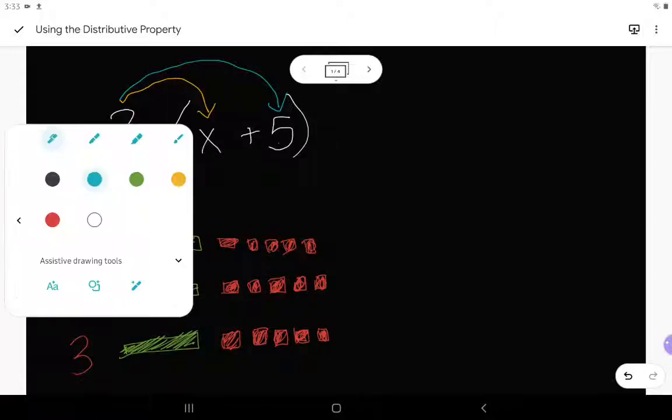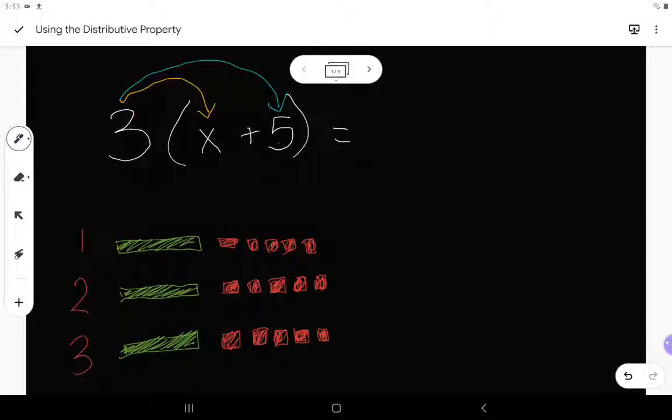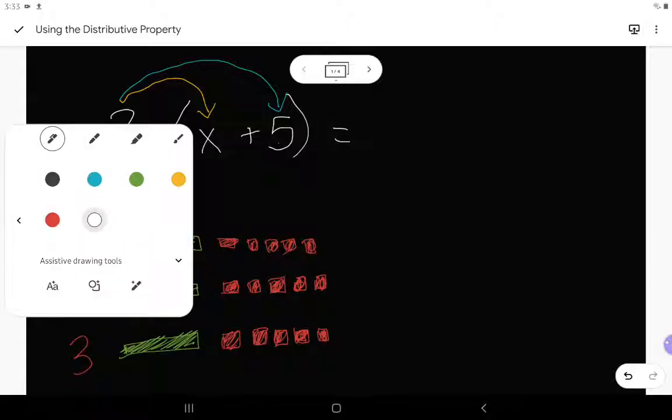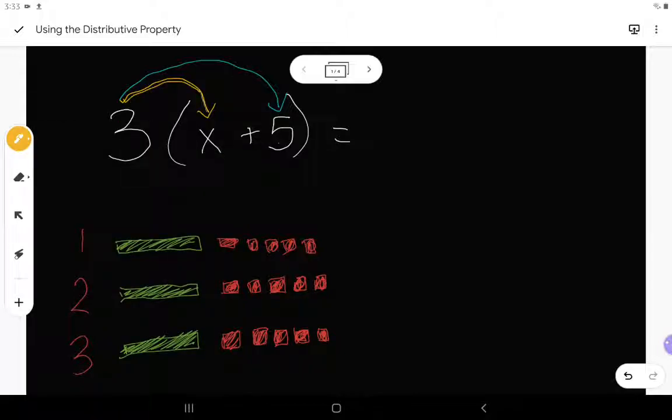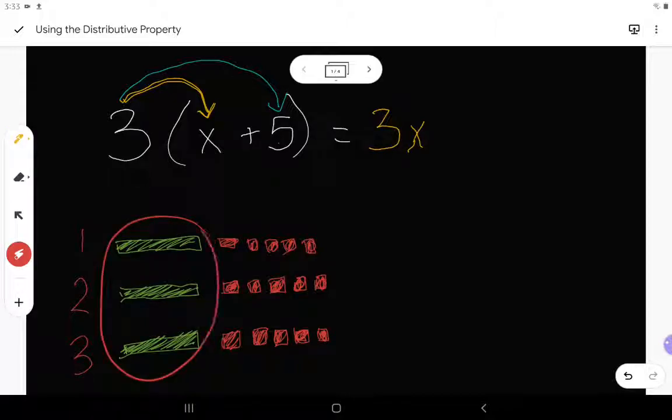So in this first one, I look at 3 times x. Well, 3 times x, I don't really know what that is because I don't know what value x is. But the way I write 3 times x is just by putting 3 in front of x. And that's really what we would have done, because when we draw it out, there were 3 x's, so we write 3x to show that we have 3 of them.